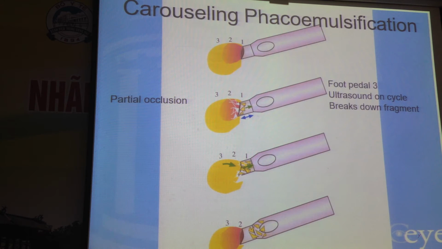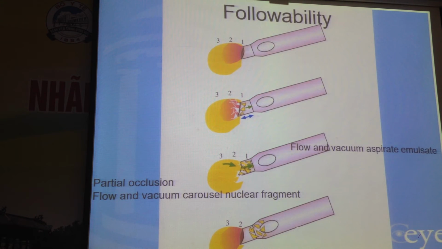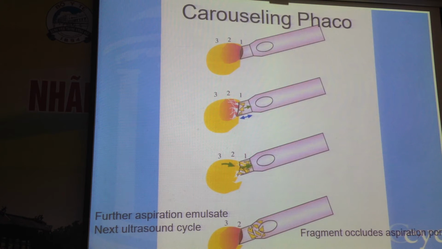So your ultrasound cycle is on, and now you break down the fragment, and now you have partial occlusion. Then flow and vacuum take over and aspirate the particles that you've created. And as you can see on the green arrow, because you have partial occlusion and you have aspiration going on, the fragment actually carousels into your phaco needle to start the cycle over again. So that's actually what you're doing. You're doing proximal followability with partial occlusion, or carouseling phaco.